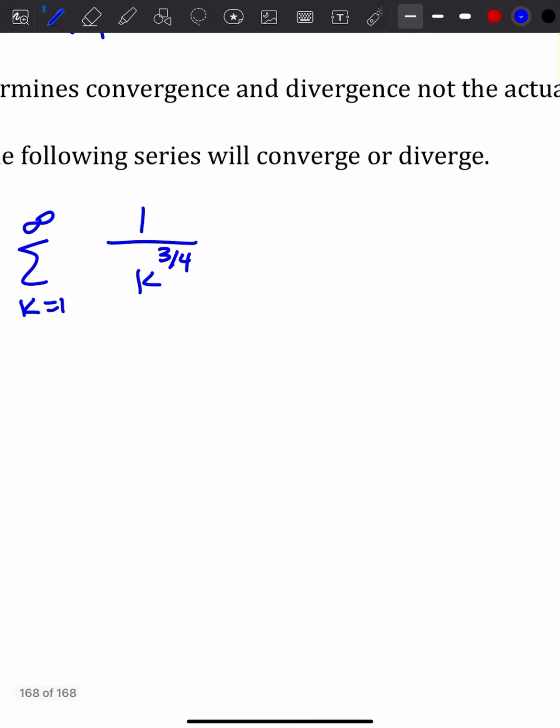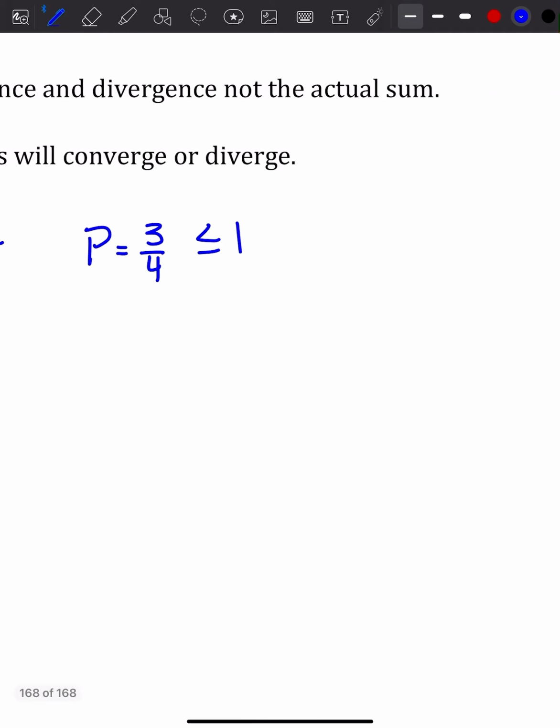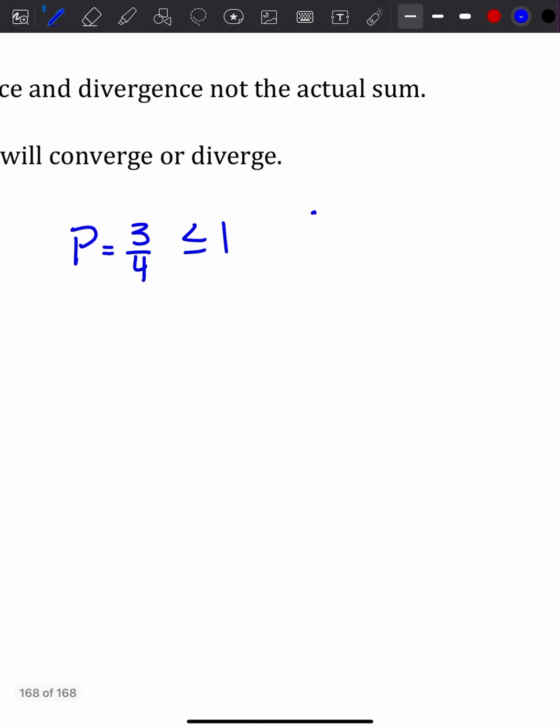What this tells me is that we have a variable in the denominator, we have a power on that variable, so this is a p-series, and p is equal to 3/4. 3/4 is less than or equal to 1, and because it is less than or equal to 1, it diverges.